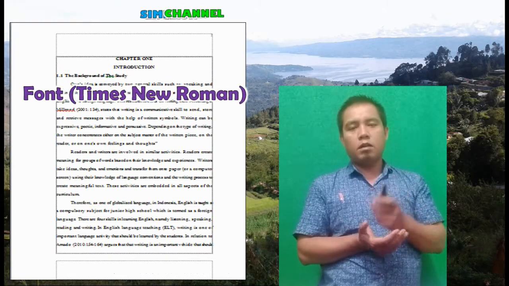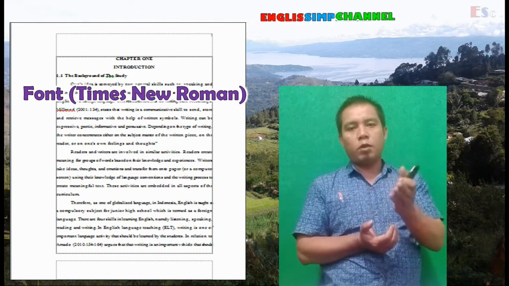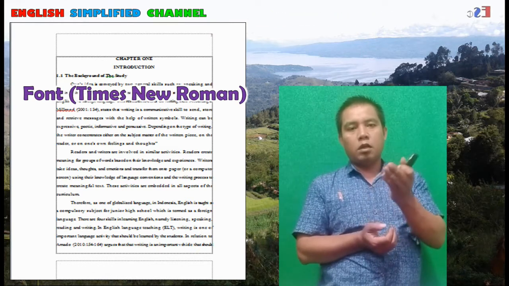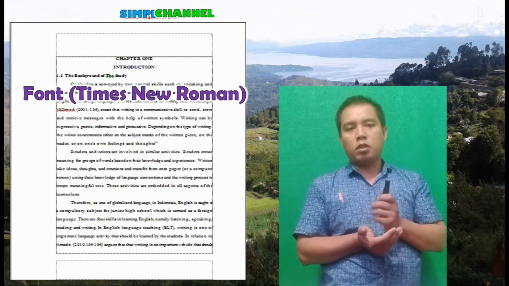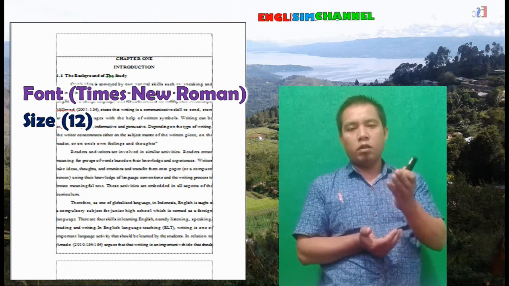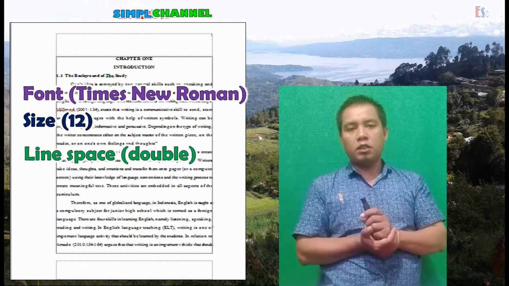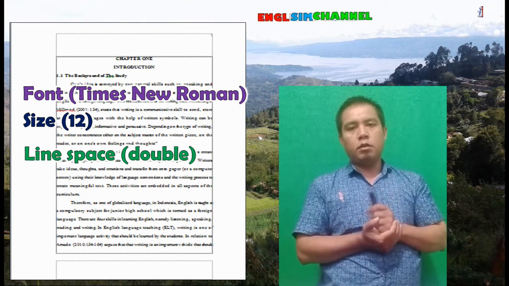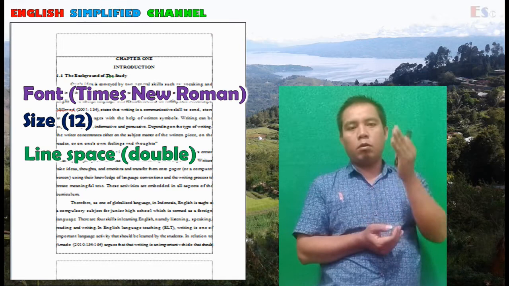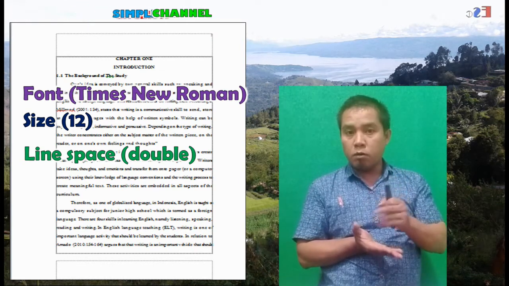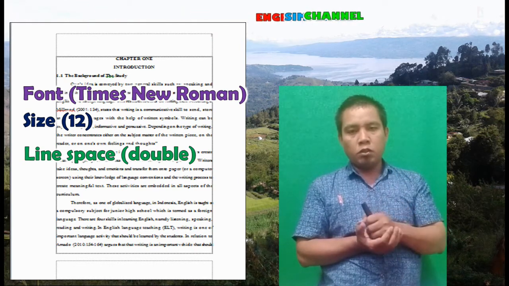This is font. You have to write your research proposal in the font of Times New Roman with the size 12, and the line space is double. But not all of the pages must be written in double, especially relating to quotation.